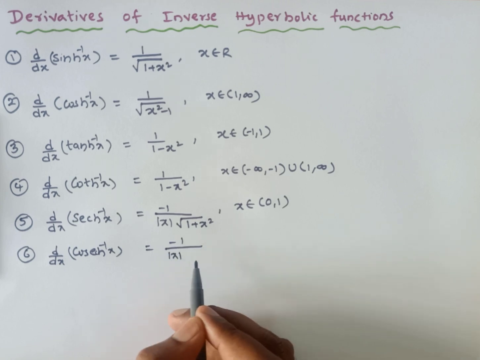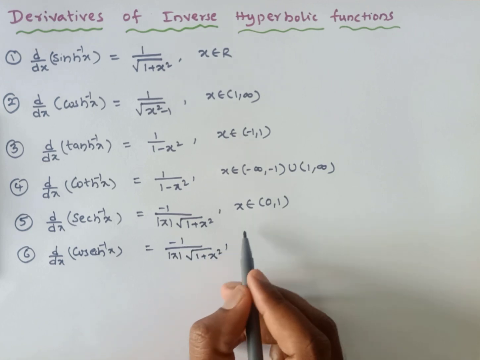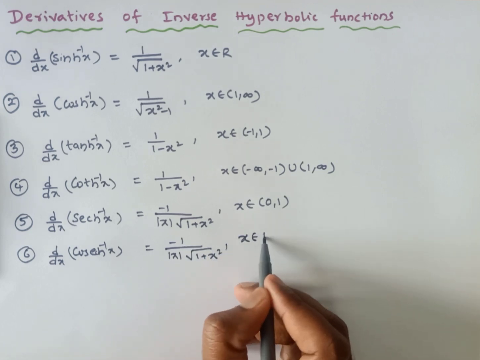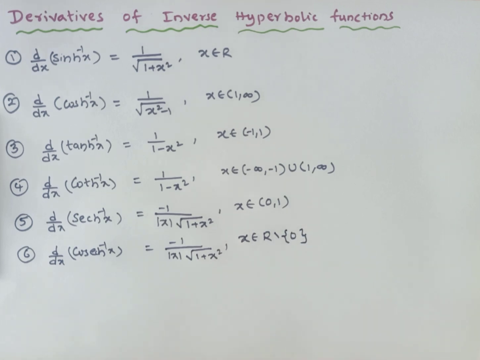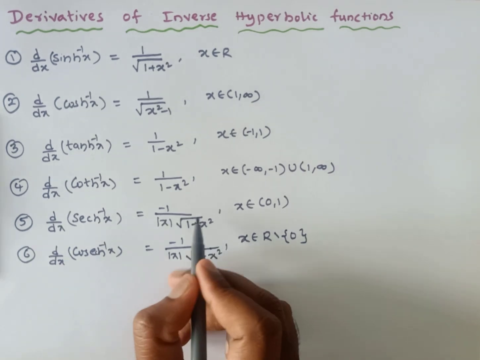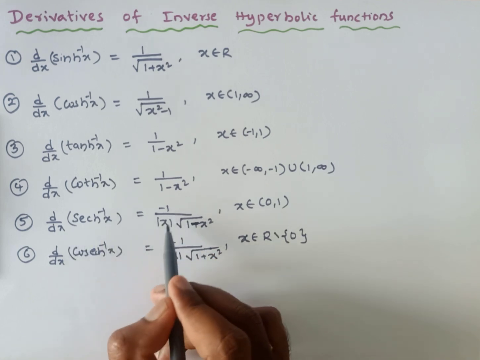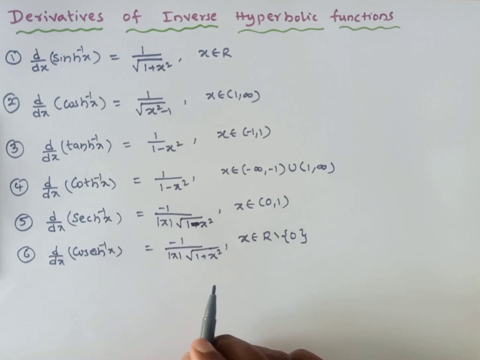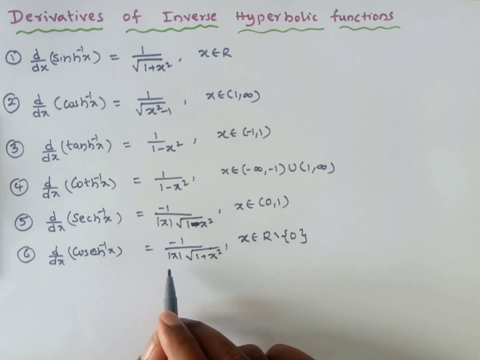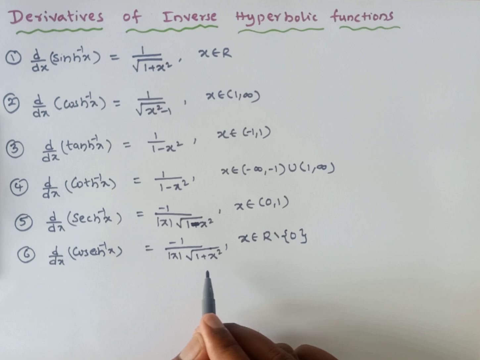It is minus 1 divided by mod x into root of 1 plus x square, and here x belongs to all real numbers except 0.